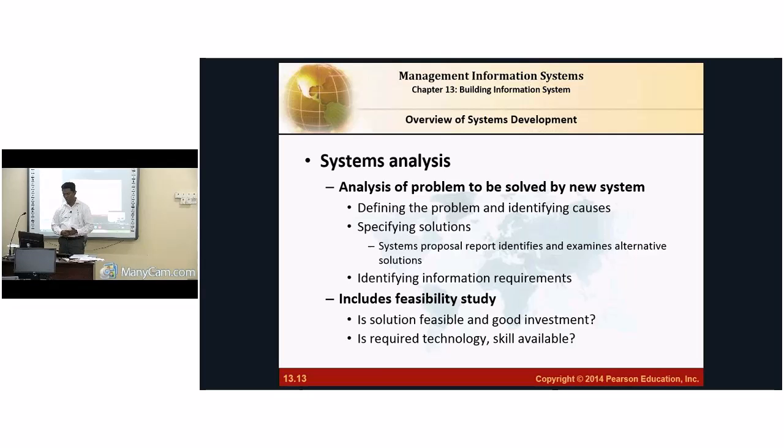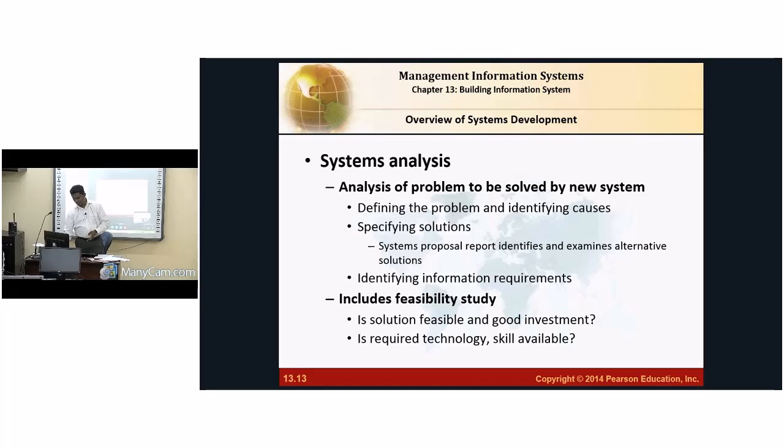So this includes a feasibility study, whether the solution is feasible and is it a good investment, right? So you have to think about the return on investment, whether it is required technologically, high skills, right?